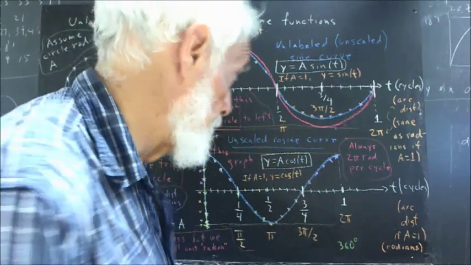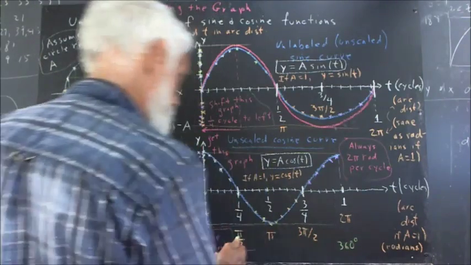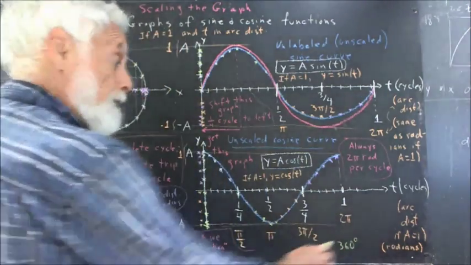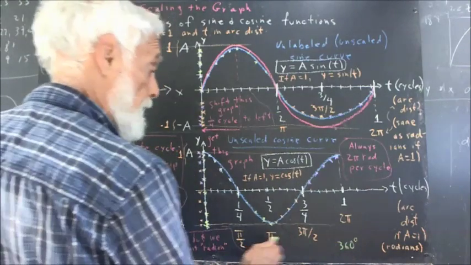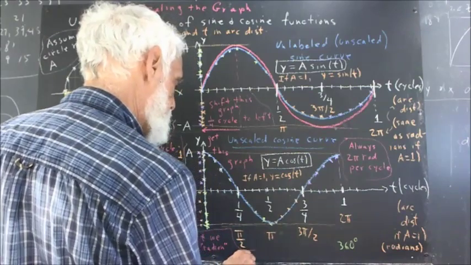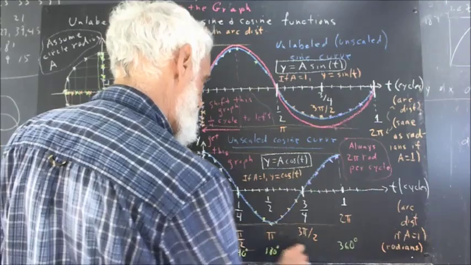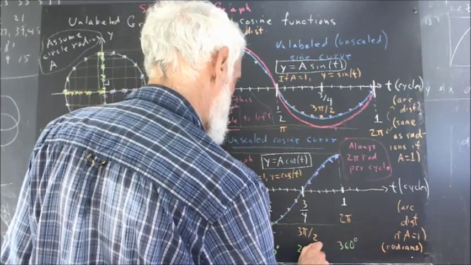We've got 2 pi radians corresponds to 360 degrees. And then it's really easy to divide 360 by 4 or by 2 or take 3/4 of it and determine that we have 90 degrees here, 180 degrees here, 270 degrees here.